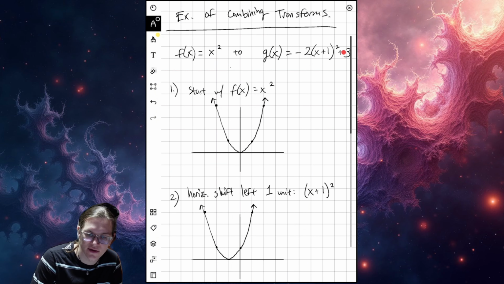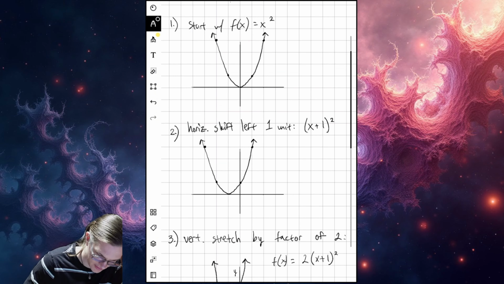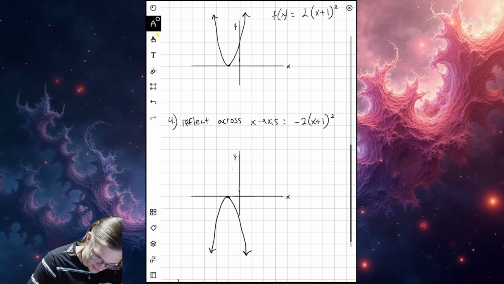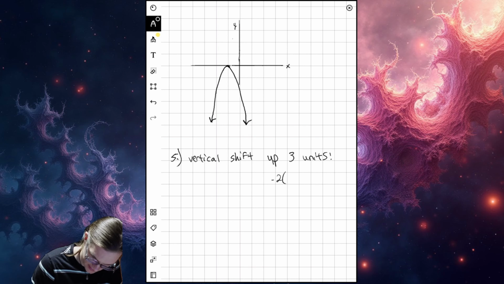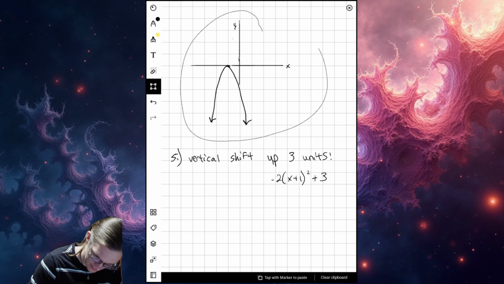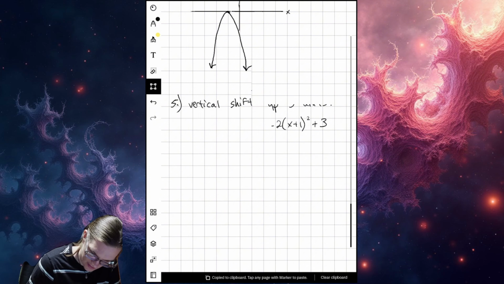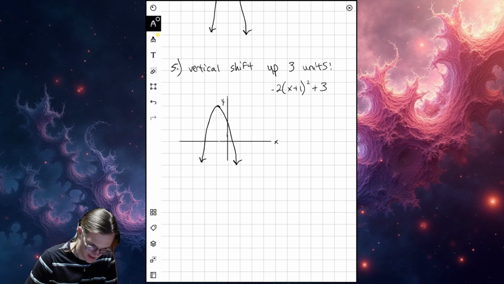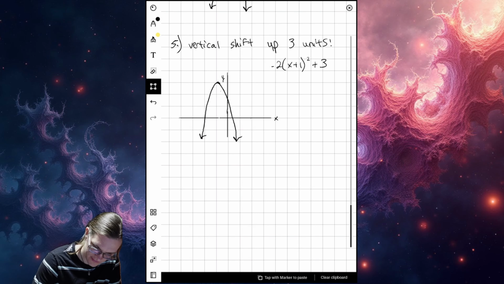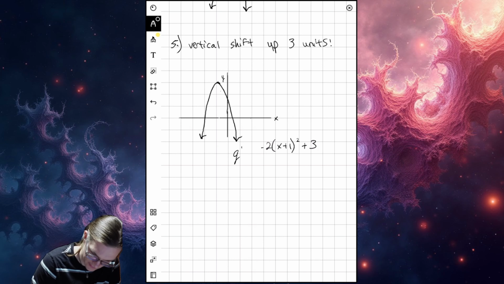And here we have a vertical shift of +3. So that's what we're going to do next: vertical shift up 3 units. And now the function will be updated to this, +3. So I'm going to take my updated graph and shift it up 3: 1, 2, 3. And now we have the graph g of x that we were looking for, right? So that's how you would do it.